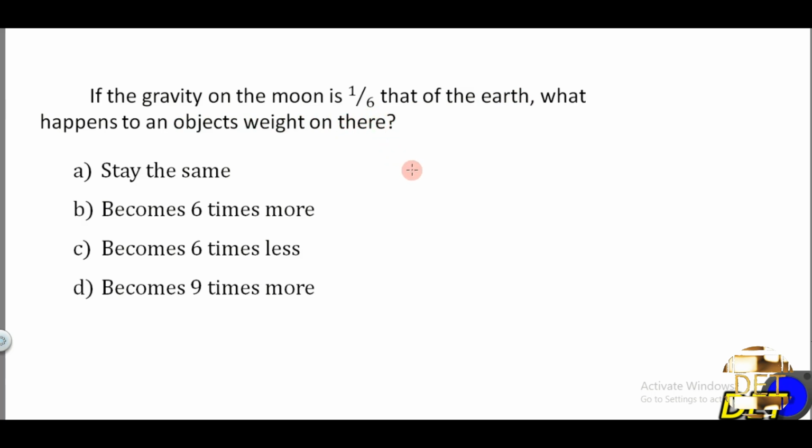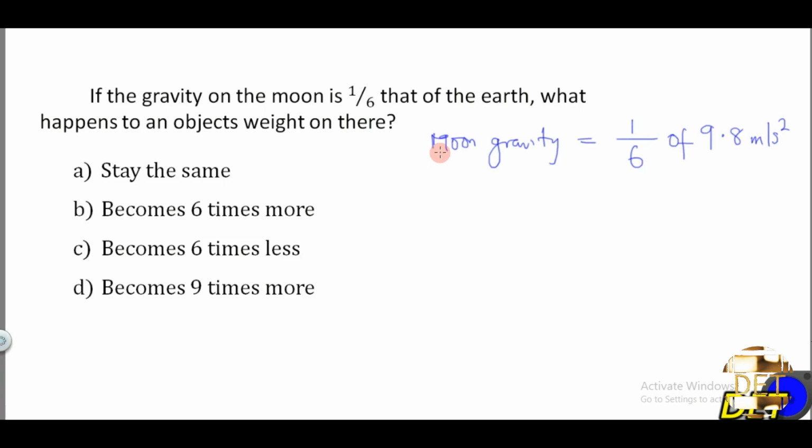So what that means is that if moon gravity is equal to 1/6 of the gravity on earth. So let's say the gravity on earth, what's the value for the gravity on earth? The gravity on earth is 9.8 meters per second square, right?